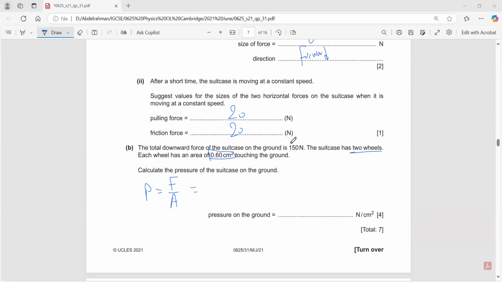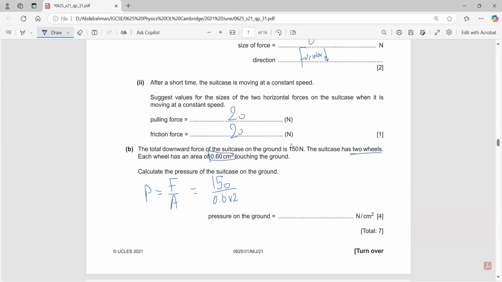So force over area is 150 over 0.6 times 2, which is 150 over 1.2. The total pressure would be 125 newtons per centimeter squared.